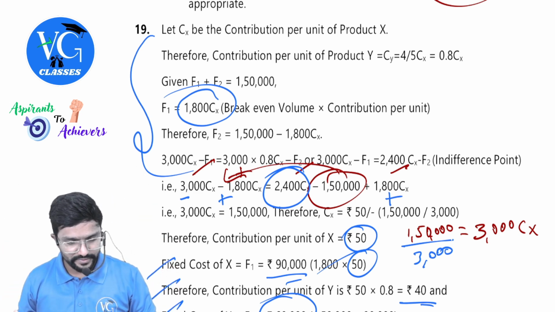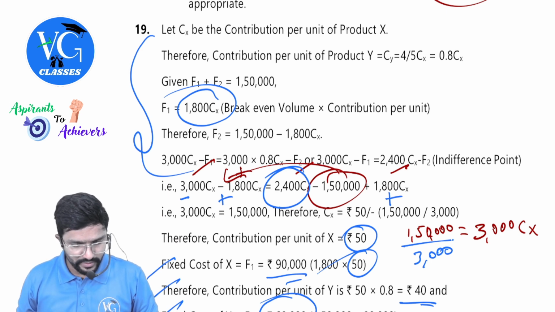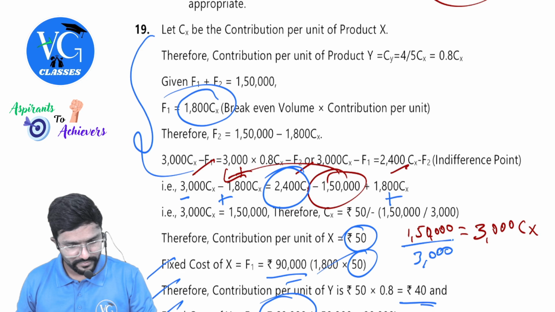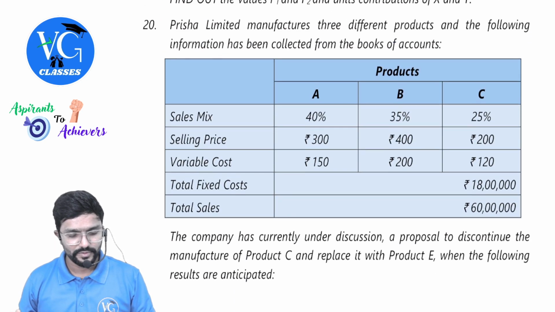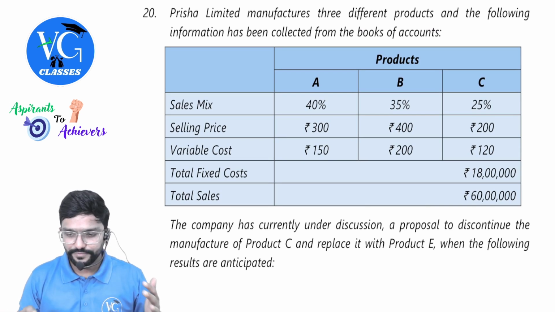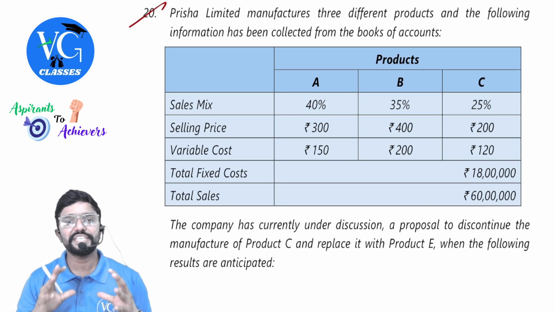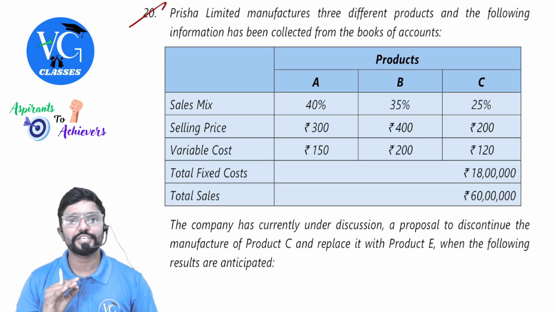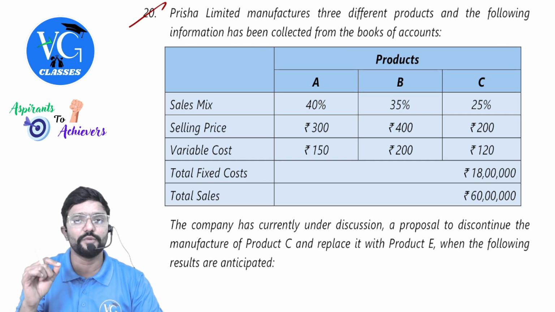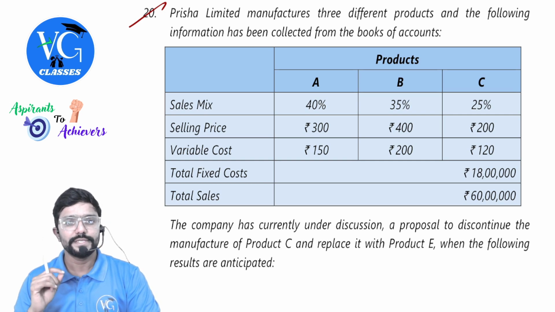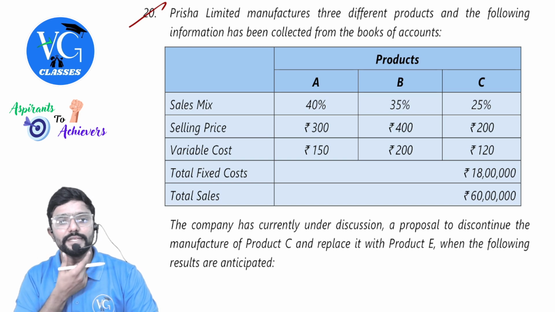20th question. Prisha Limited manufactures 3 different products and the following information has been collected from the books of accounts. Sales mix they have given, selling price, variable cost.